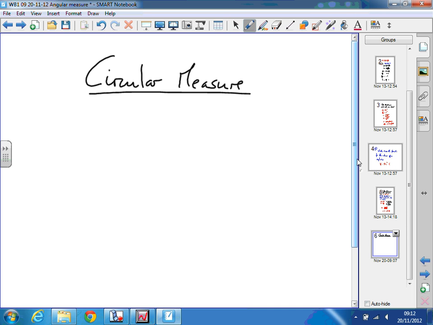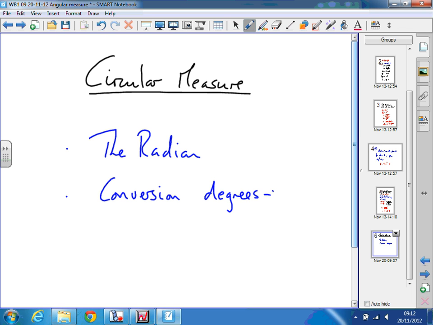So the radian as a measure of angle, conversion from degrees to radians and back again.